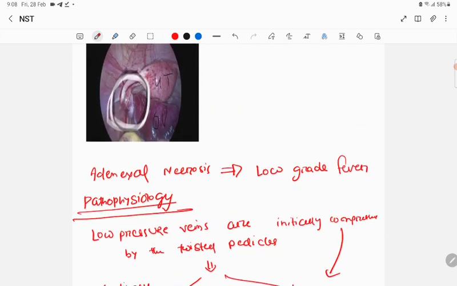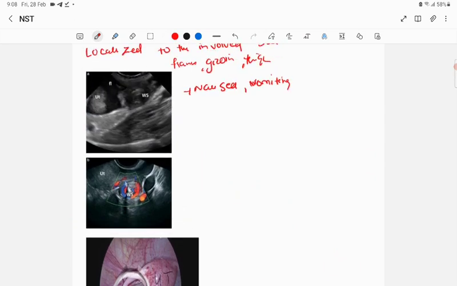Then what are the ultrasound findings? I will show this in this image. This is the uterus, and this is the ovary. Here you can see the typical whirlpool sign.